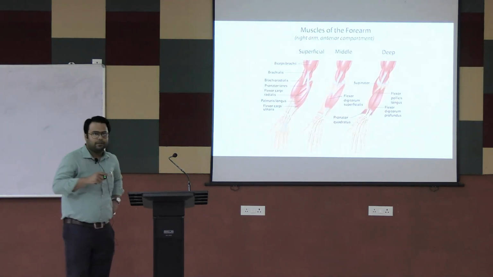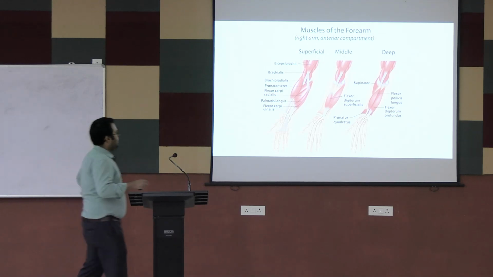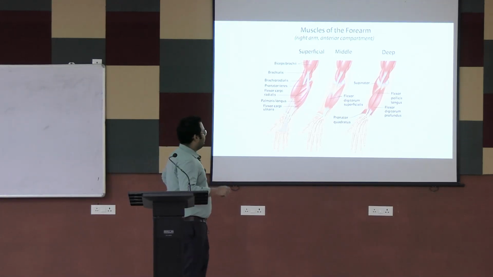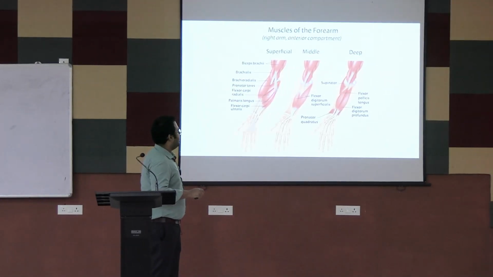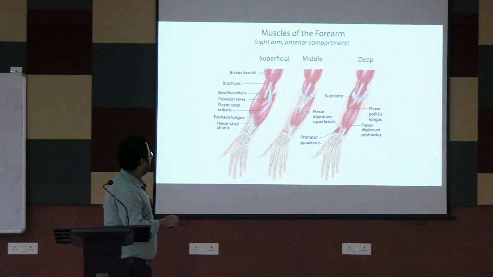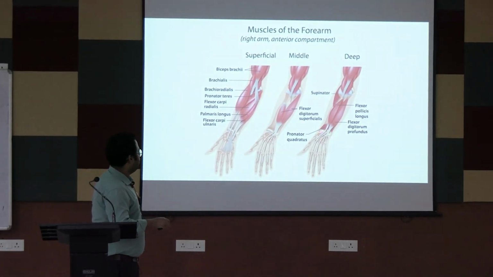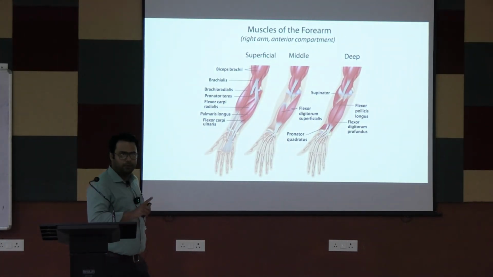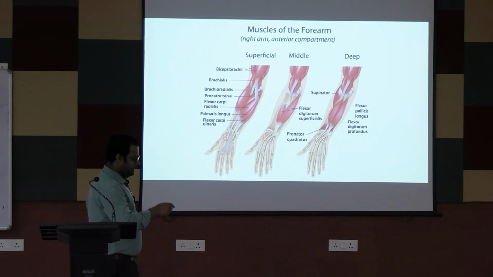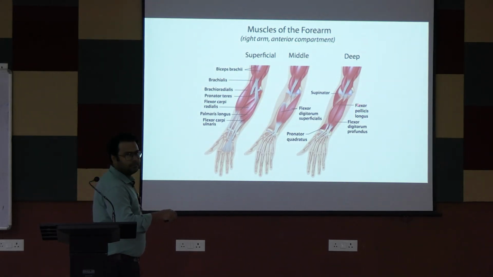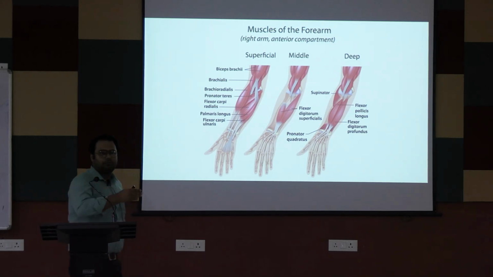This one. Okay. So as you can see, there is a supinator muscle acting in the proximal most part of the bones, and then in the middle part there is this pronator teres, and in the distal most part there is a pronator quadratus. Okay, so suppose there is a fracture of this part, proximal most part.